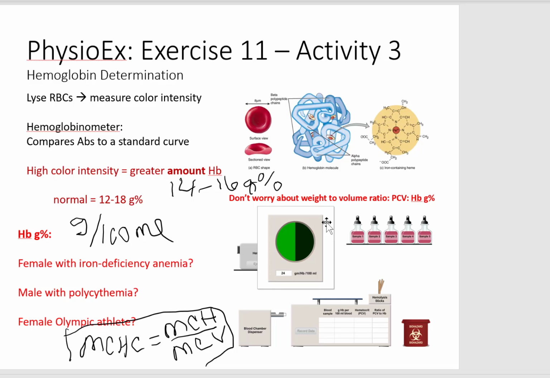I don't think so. I think being the female Olympic athlete, she's probably doing steroids. Maybe she's doing anabolic steroids that are giving her more testosterone-like responses from her hemocytoblasts.